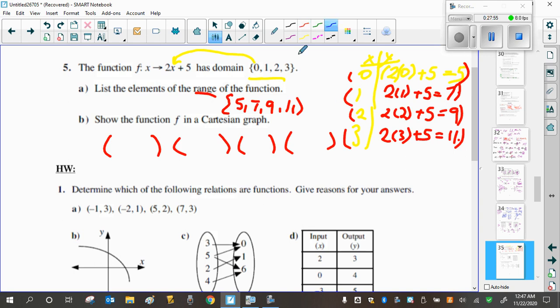Okay, so show as ordered pairs. Sorry, Cartesian. Descartes. So 0, 5, just looking at the table values, 1, 7, 2, 9. There we go.